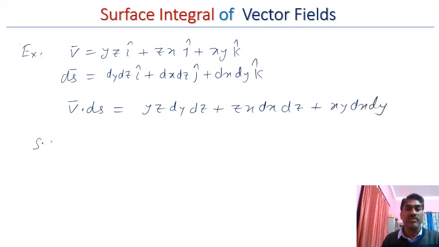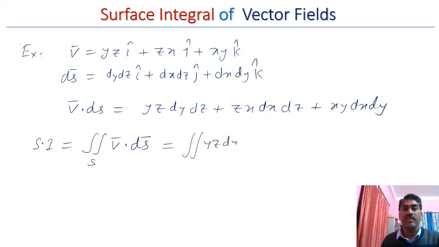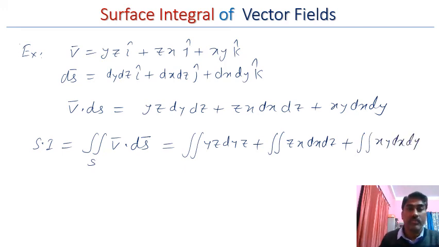Now, how was this surface integral defined? Surface integral was defined as V dot dS, meaning we obtain these integrals: integral yz dy dz plus integral zx dx dz plus integral xy dx dy, and the region of integration is the same. Now we have this surface integral and we want to put the limits.